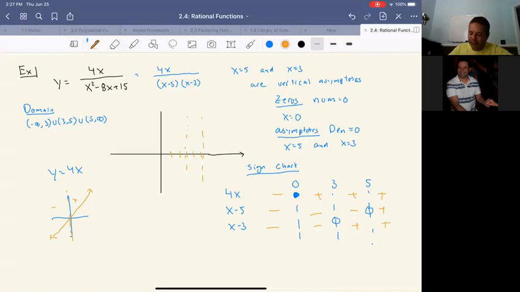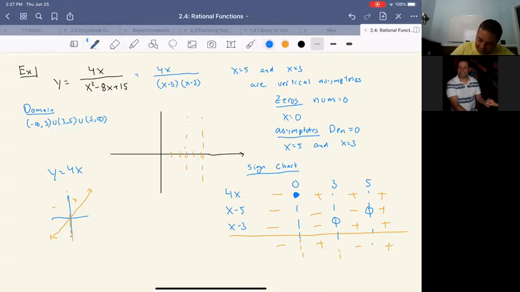All right. 3 negatives gives you negative. 2 negatives gives you positive, negative, positive.